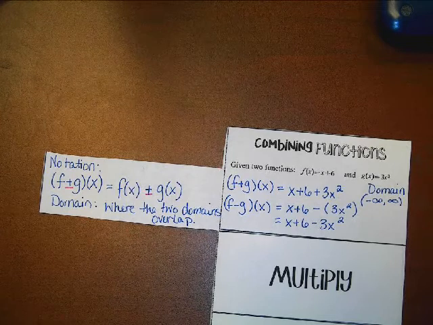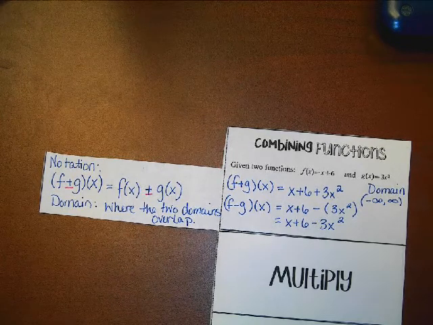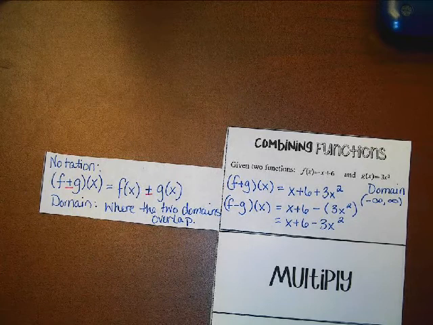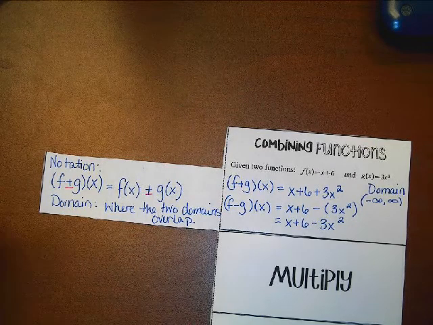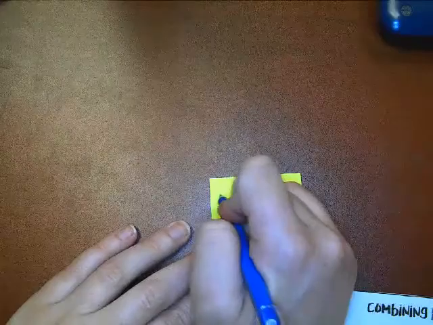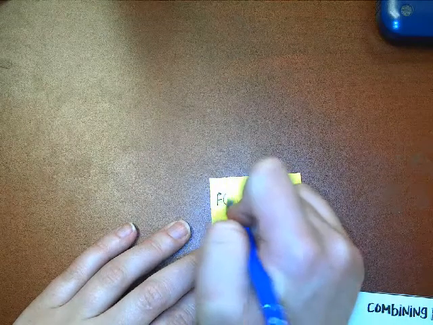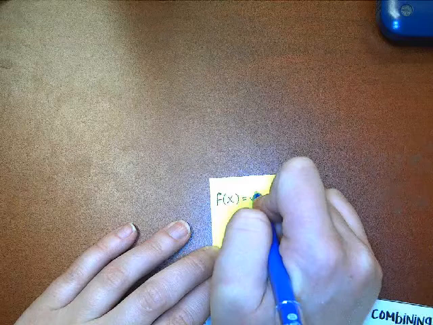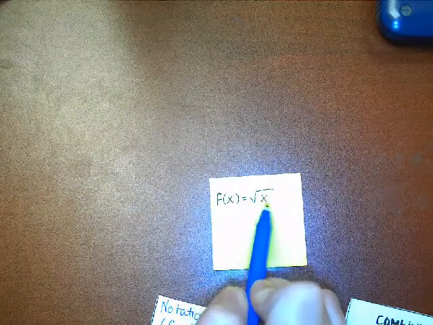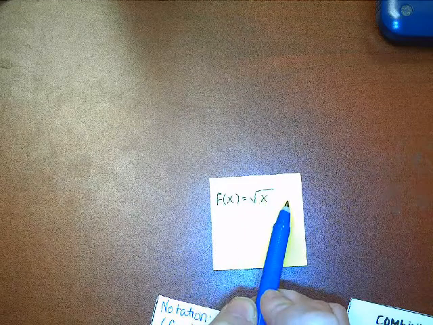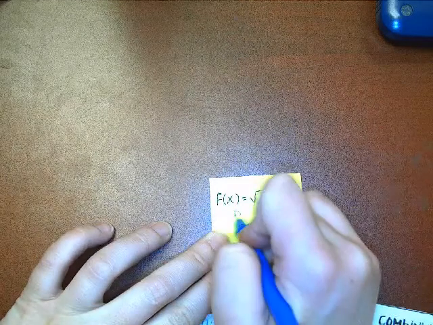Yes, Carlos. The domain restrictions, remember, domain restrictions are values in which something can occur, right? The only domain restrictions we've worked with so far: if I have f of x equals the square root of x, whatever's under the radical has to be bigger than or equal to 0.